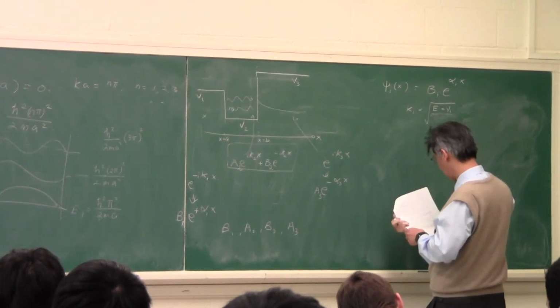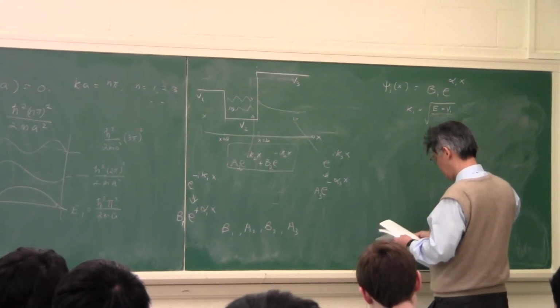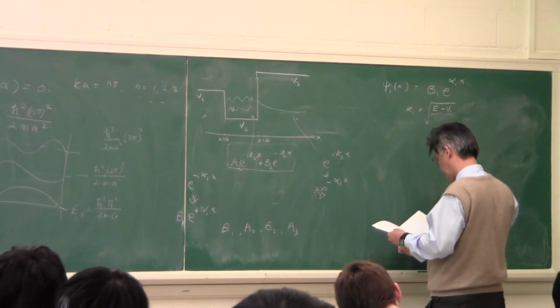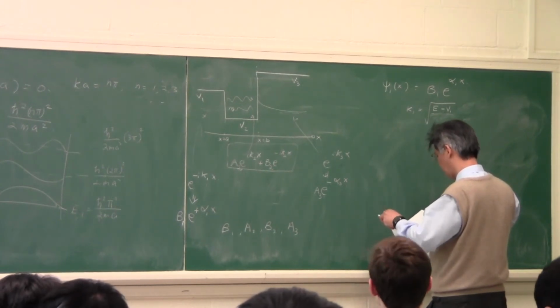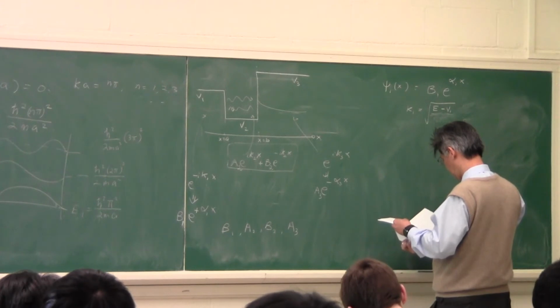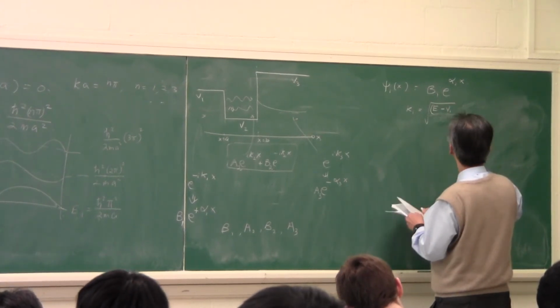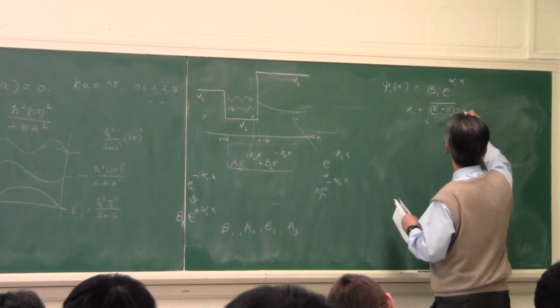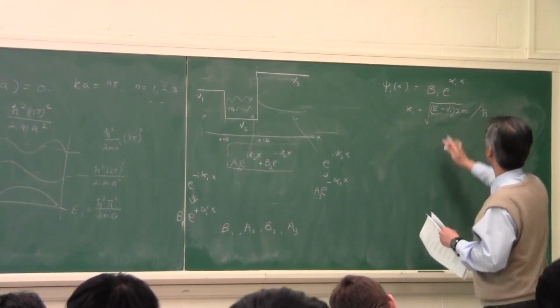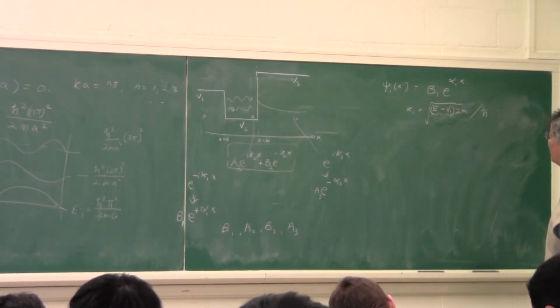Let me see what exactly it looks like. Yeah, 2m is right. So k1 should be that over there.